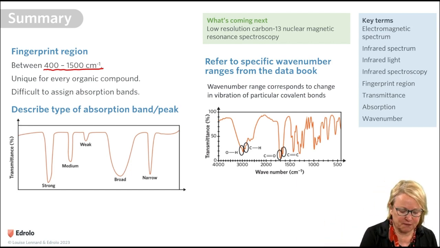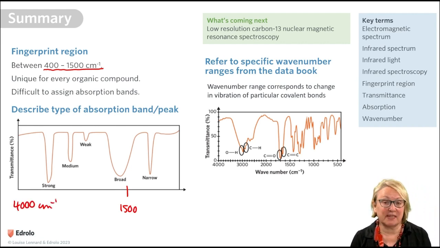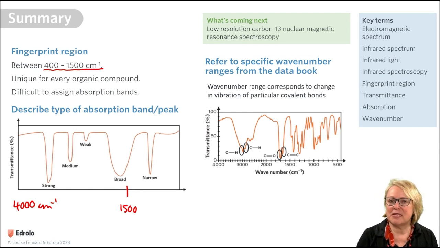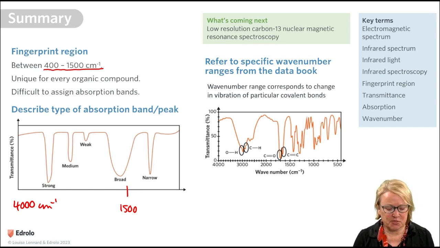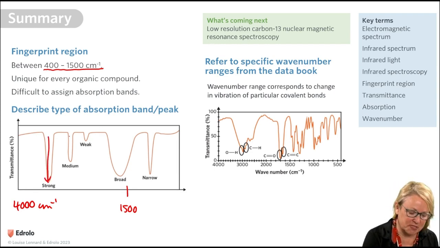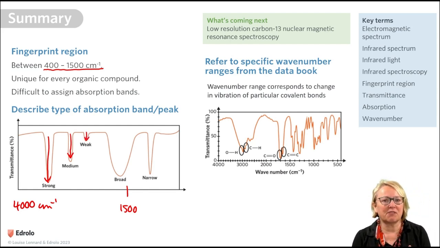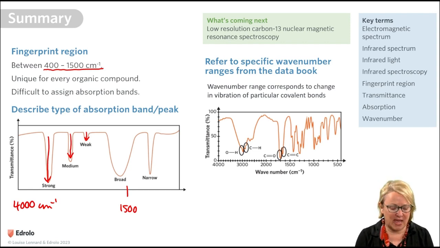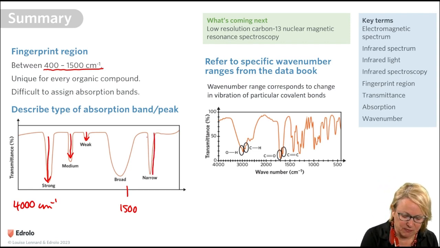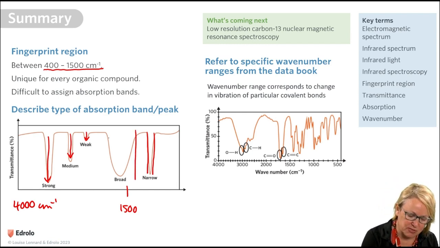From the region of 1,500 to 4,000 centimetre -1, that's the region that we're most interested in for VCE. And you need to be able to describe the type of absorption band or peak in that region, whether it's strong or most of the way down, medium about halfway, or weak just at the top. You also need to describe the width of the band, if it's narrow, a short wave number region, or whether it's broad.